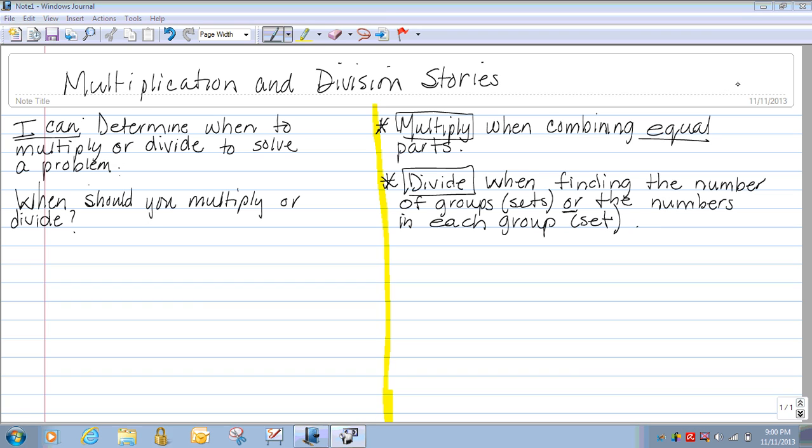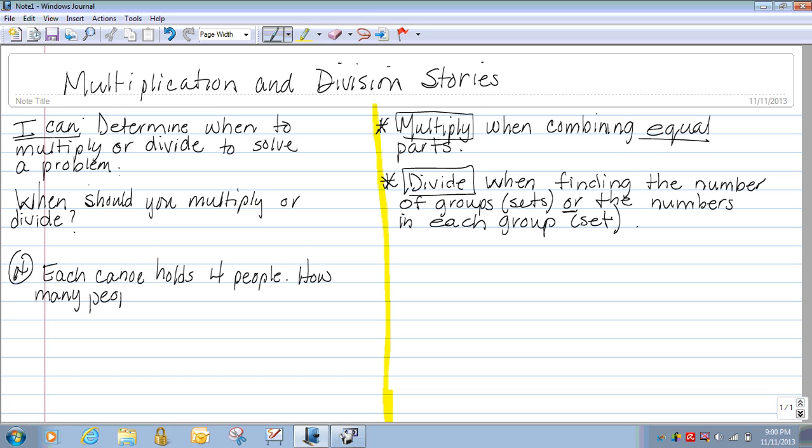Push pause. Let's write an example. If we know that each canoe holds 4 people, and I want to know how many people can sit in 14 canoes.